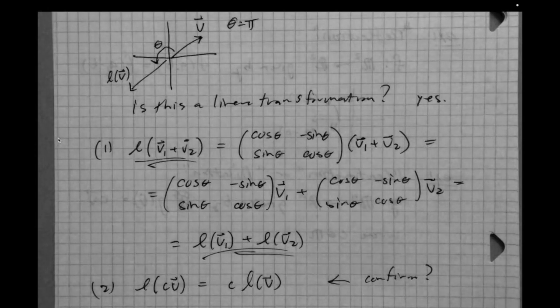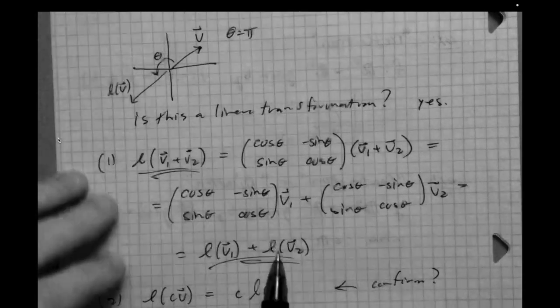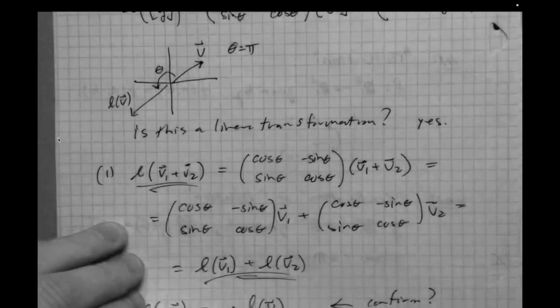So this rotation example is really a special case of the next example, which is going to be about matrix multiplication in general.